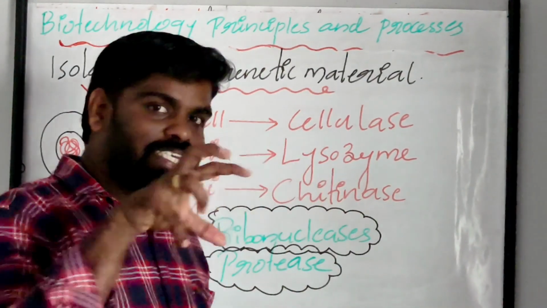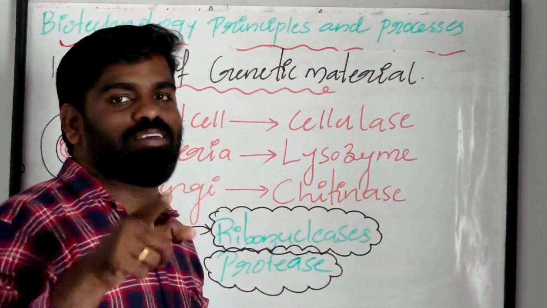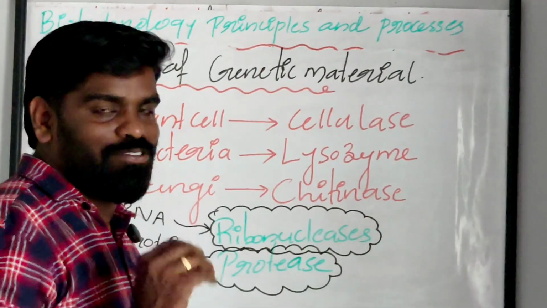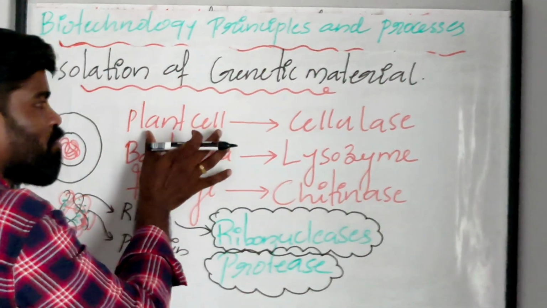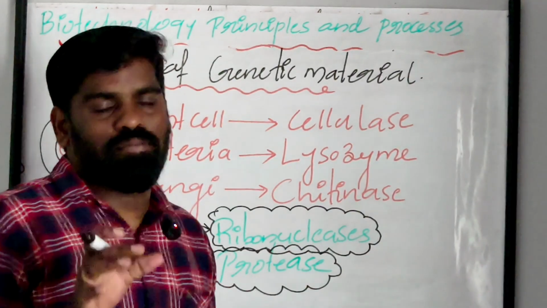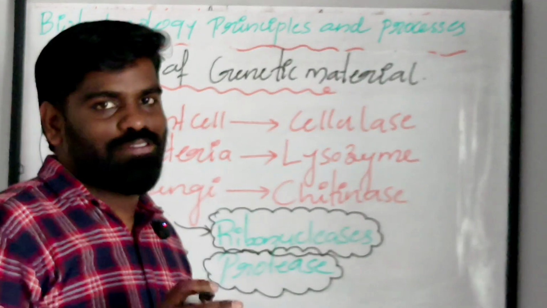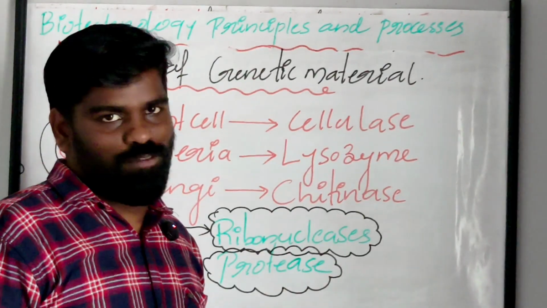Separating genetic material is somewhat difficult because the cell has a cell wall, a protective wall. So first of all we have to digest the cell wall. If we are using a plant cell, the wall is made up of cellulose, so we have to use cellulase enzyme in order to digest the wall.